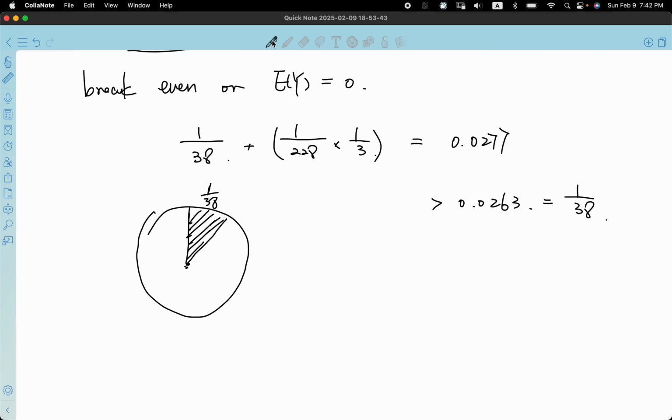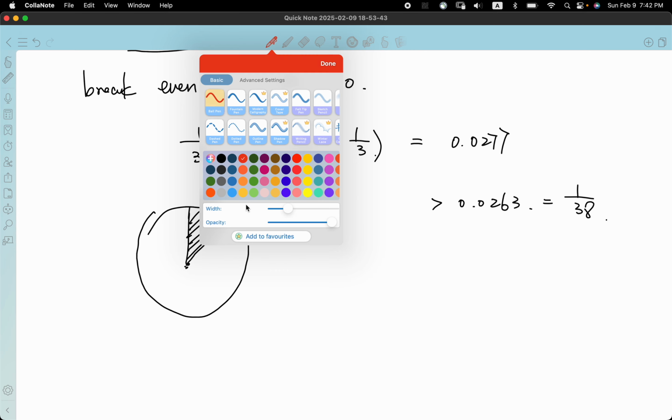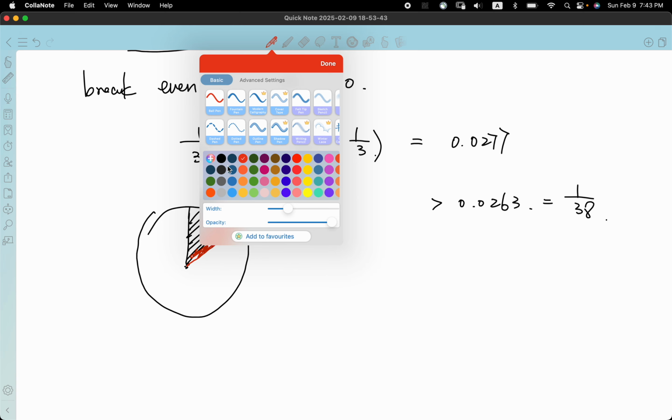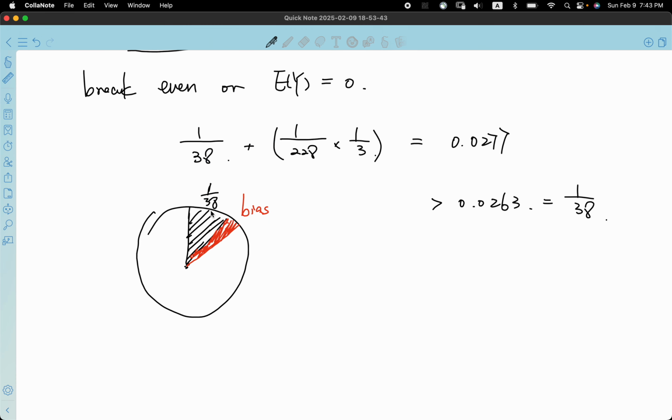But you are adding one more to increase this region. So adding this bias here. So let's call this one a bias. So the probability for the ball now landing on this particular number, visually you can see that you have a greater area. So that means the ball will have a greater probability of landing on this particular number.